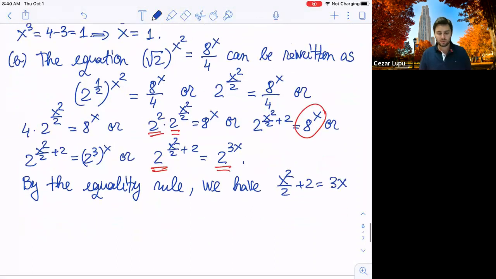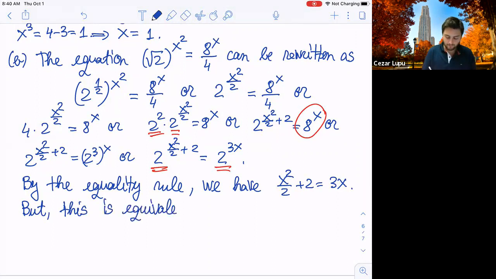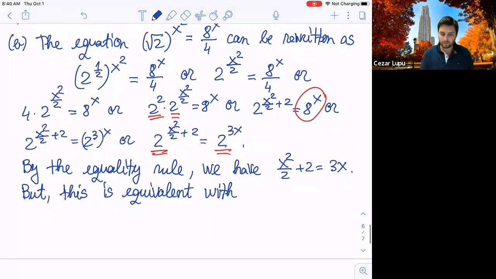Well, let's do some computations here. If you do all these computations, this will be a quadratic equation.